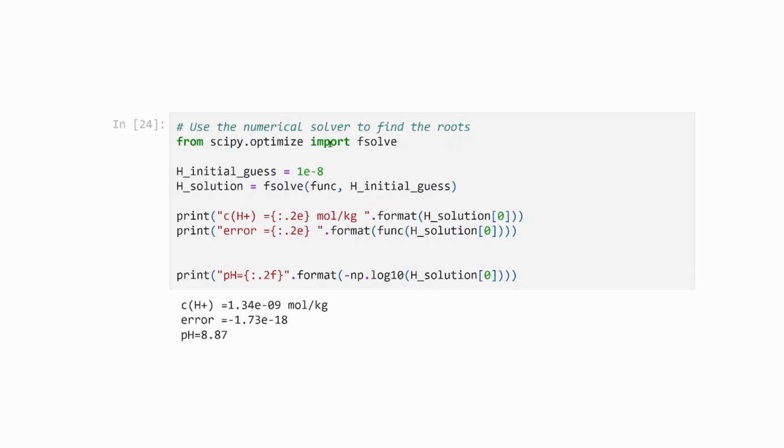So this function basically needs, I fed the function again and then an initial guess for the H plus concentration so that the program knows where to start, to have some starting point. And then for the given specifications, the pH is 8.87. So with the alkalinity of 5 millimole per kilogram.